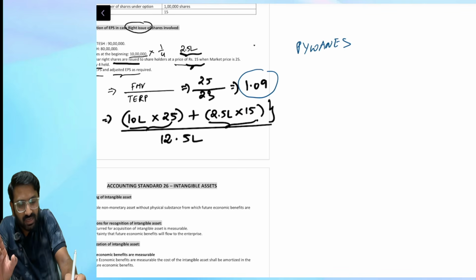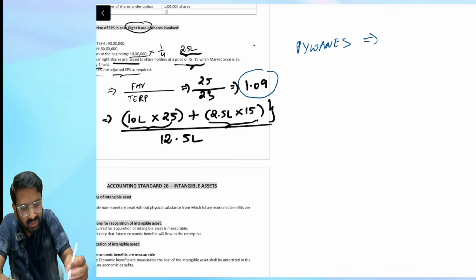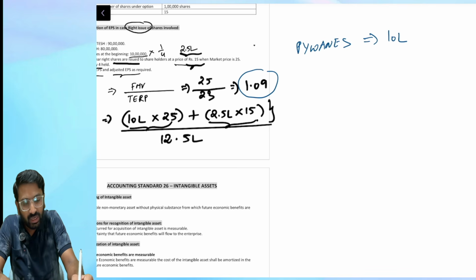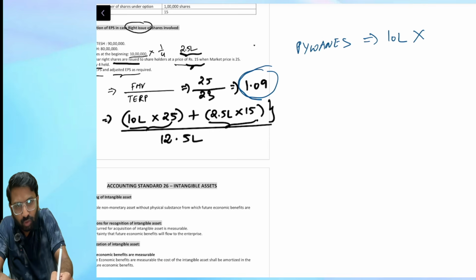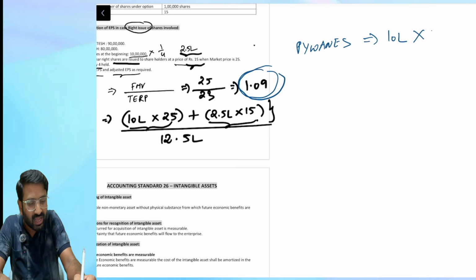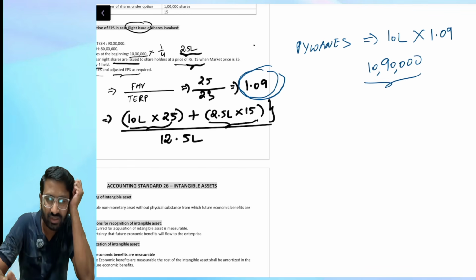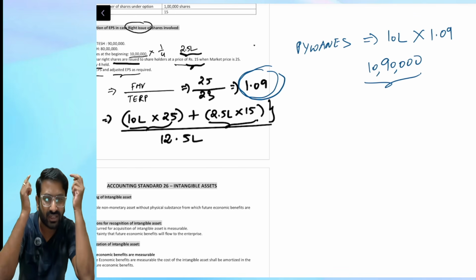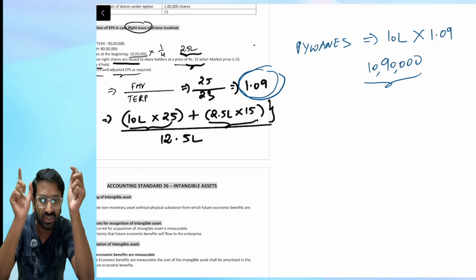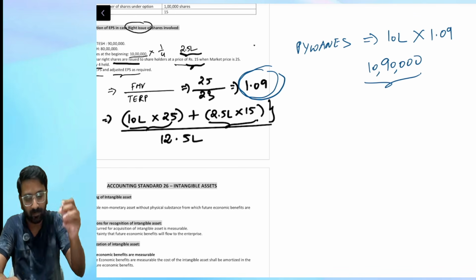For that purpose, I'll calculate a previous year variance. So I'll take the number of shares in the last year, that is 10 lakh, into this bonus element, which is assumed to be there in the entire year. So 10 lakhs into 1.09. So the previous year variance is going to be 10 lakh 90,000. This is the number of shares which I will consider for the purpose of adjusted EPS, restated EPS.